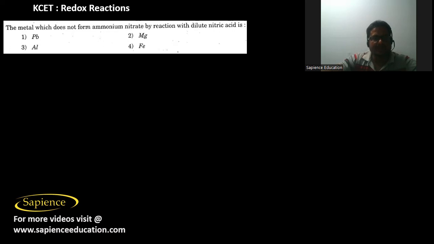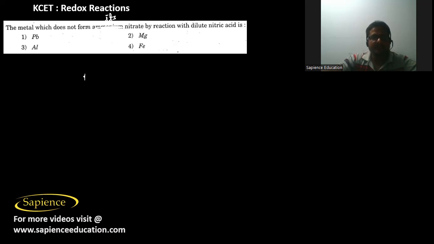Then it is told the metal which does not form ammonium nitrate by reaction with dilute nitric acid. So here the question is actually slightly wrong. It should be told the metal which does not form its nitrate by reaction with dilute nitric acid.